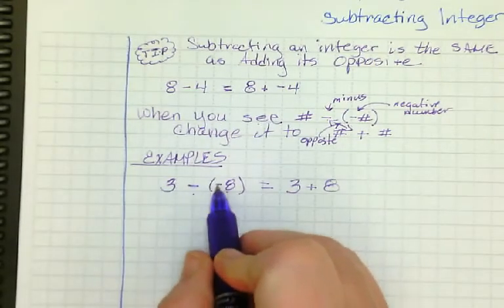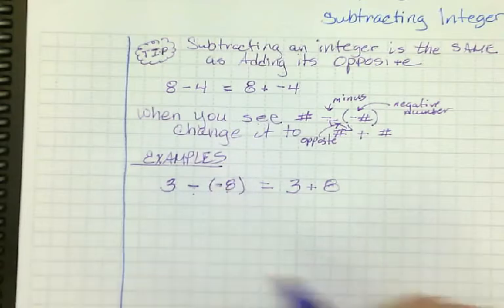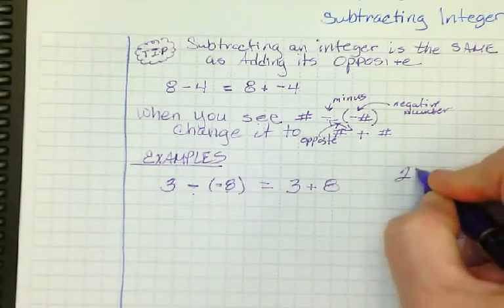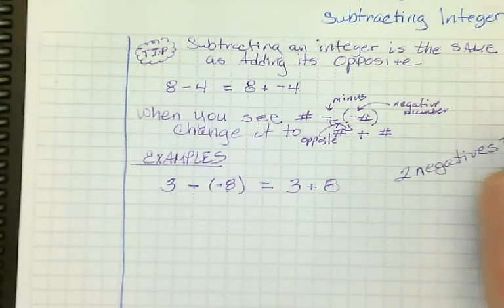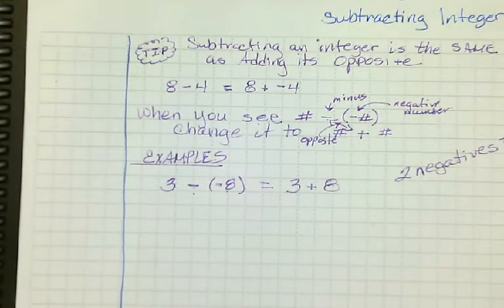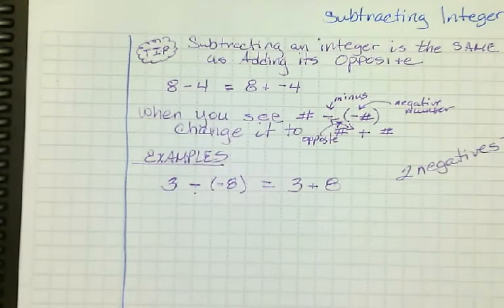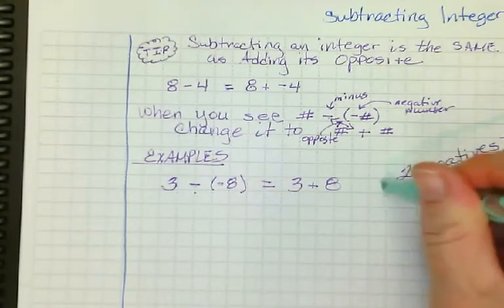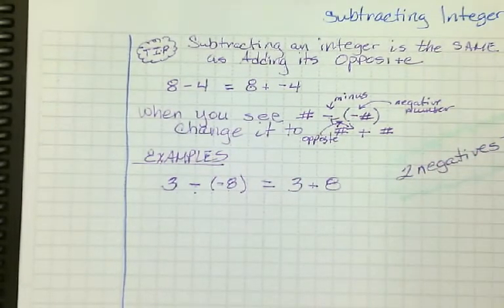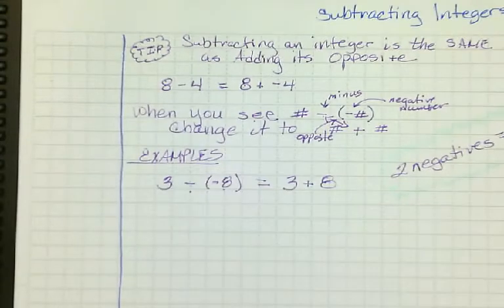We have 2 negatives, minus a negative. 2 negatives equal a positive. I know you thought that was just in language arts, didn't you? But it's not. It works in math too. 2 negatives is a positive.